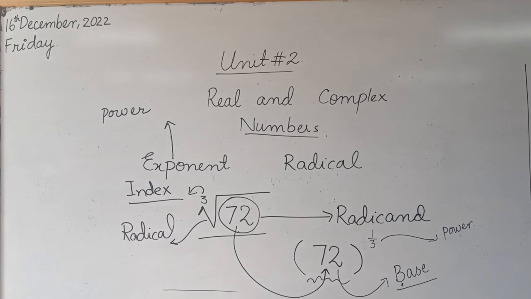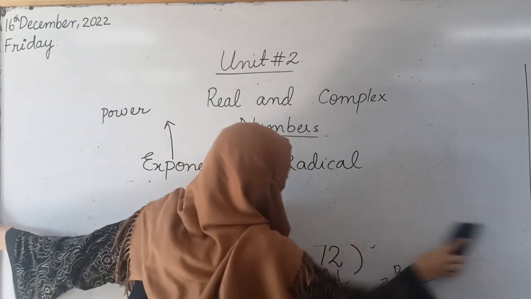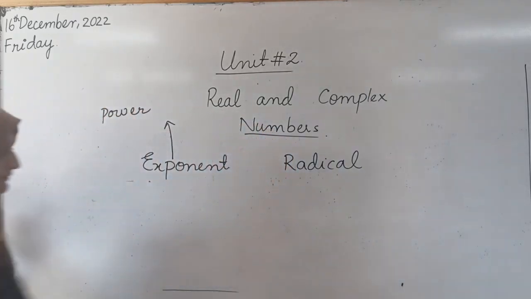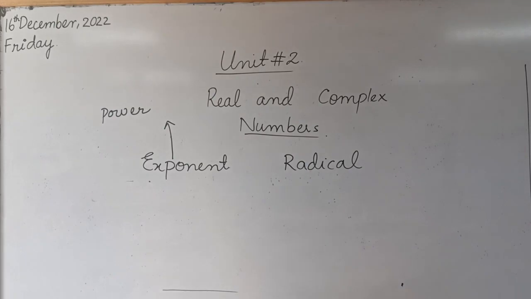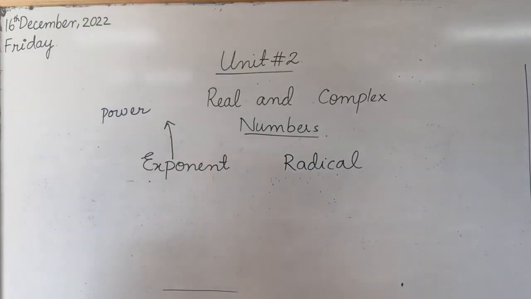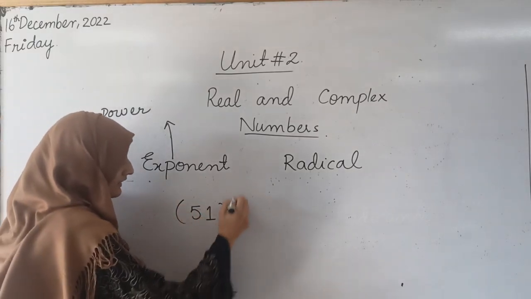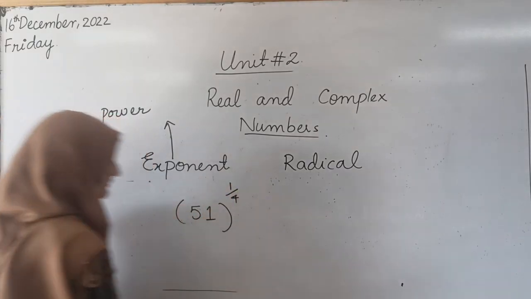Let's see another example of how to convert exponential form into radical form. We also learned how to convert numbers into radical form. For example, we have 51 raised to power 1 by 4.